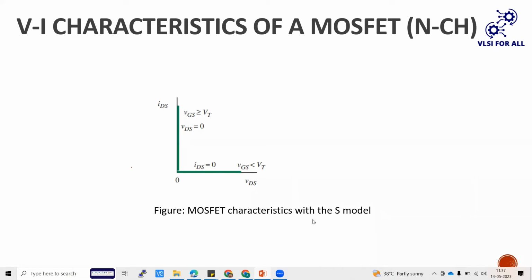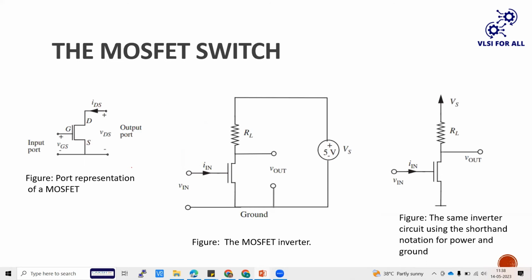Now, if it is the S model, what about the static discipline? What about the VOL value, VOH value, VIH value, VIL value? Let's assume an NMOS inverter, you can see here, a MOSFET switch, one NMOS inverter. Now you can see the first figure from left to right. The first is just a port representation, input port, output port.